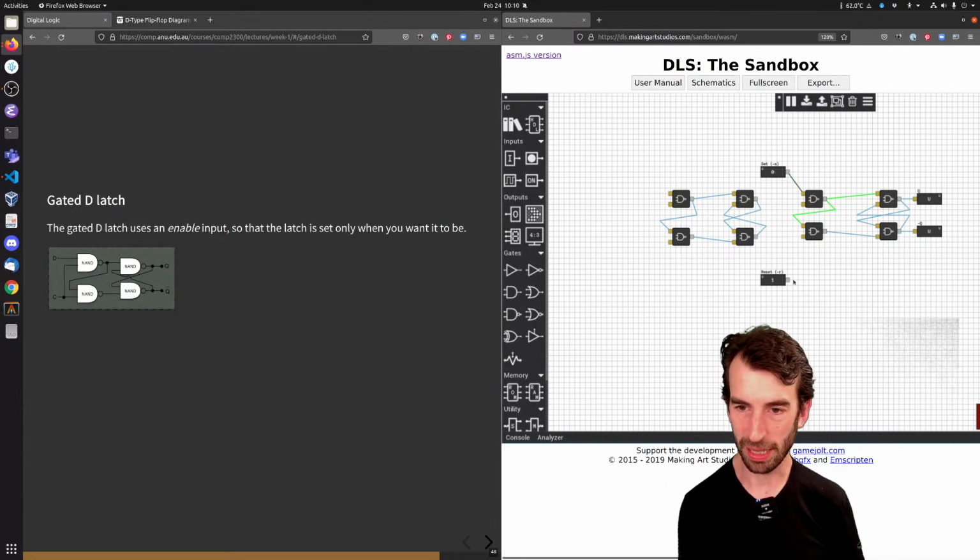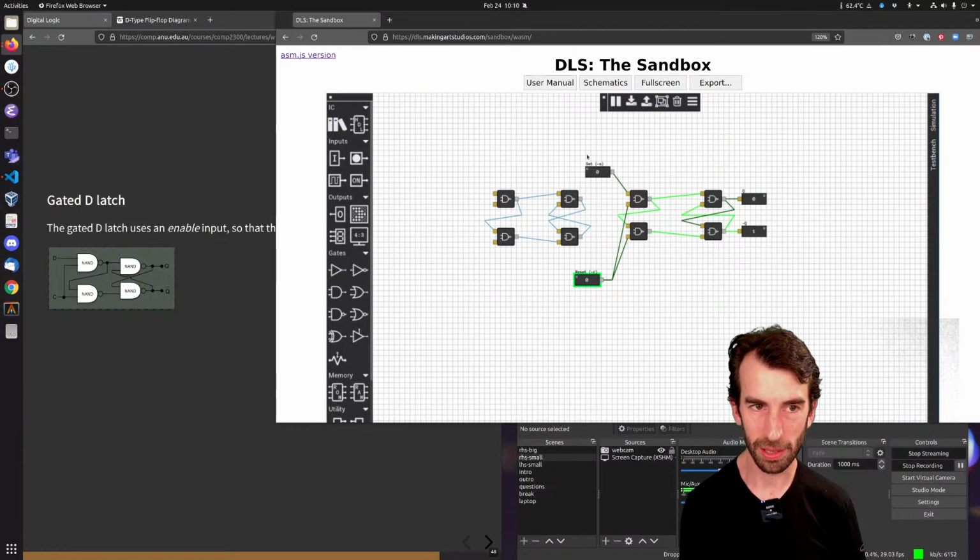Okay, so we connected D there, and now we connect C to both these ones. Okay, and I'll just zoom on this a little bit more.